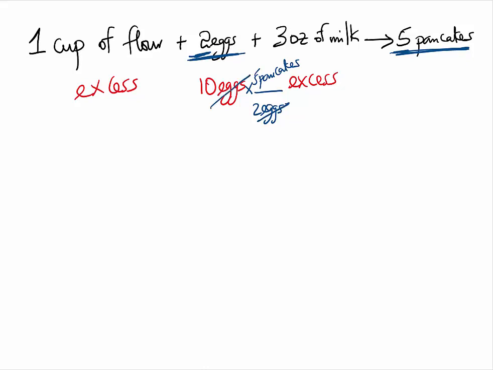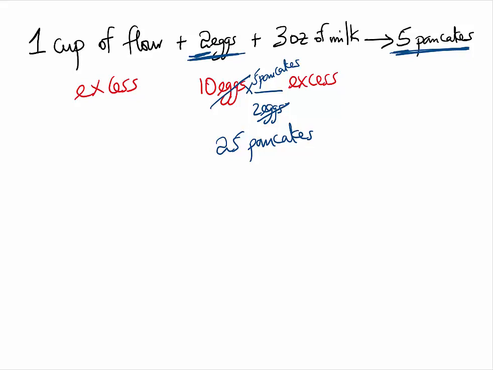Eggs will cancel out. 10 times 5 divided by 2 will give us 25 pancakes. Very straightforward. If you know the relationship between what you have and what you want, you can use that relationship as a conversion factor.